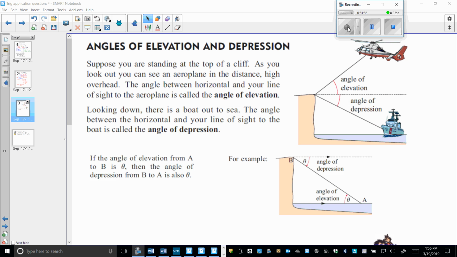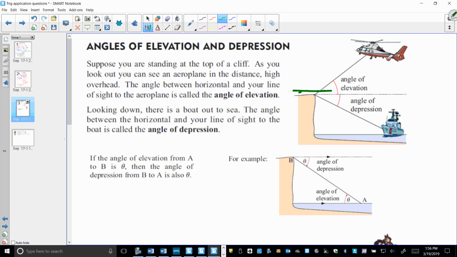And depression means you're going down. So this diagram here is the best way of looking at it. It's always going to be geared around the horizontal. Elevation would be going up, depression would be going down.